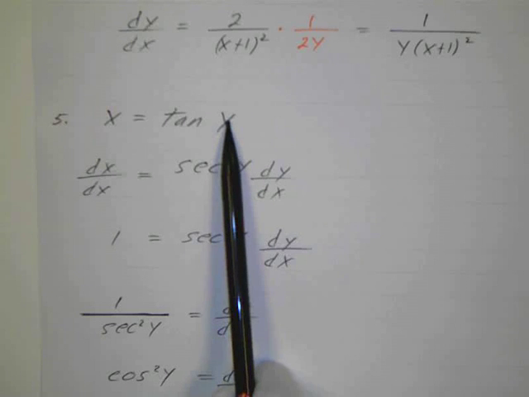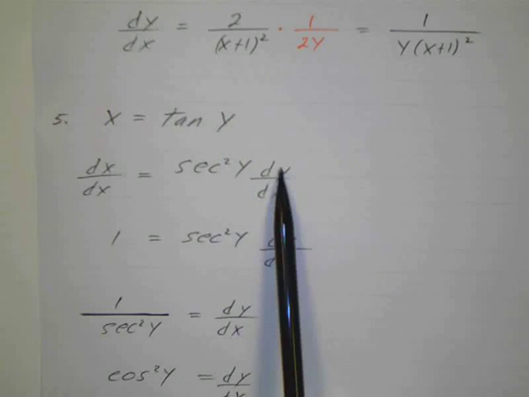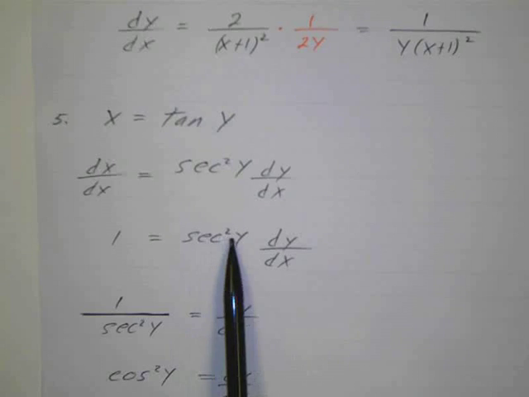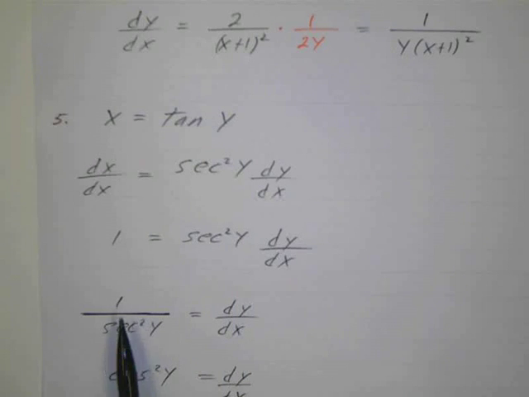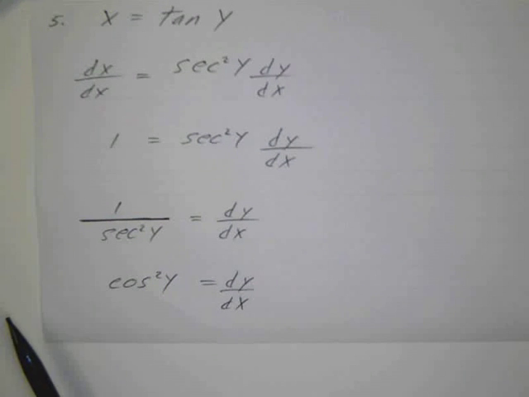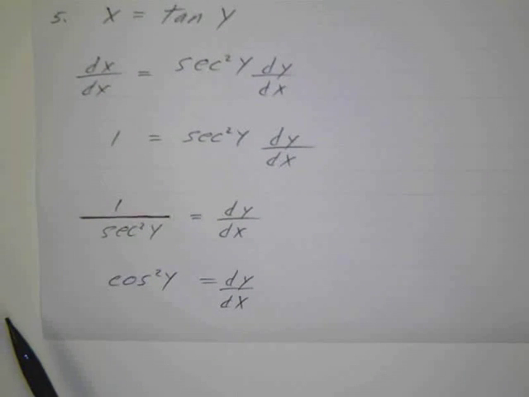And since I'm taking the derivative of y, that'd be 1 dy/dx. Now dx/dx is just 1, and that equals secant squared y dy/dx. And then if I divide both sides by the secant squared, I get 1 over the secant squared equals dy/dx. And 1 over the secant is the cosine, so 1 over the secant squared is the cosine squared. So that was your derivative.